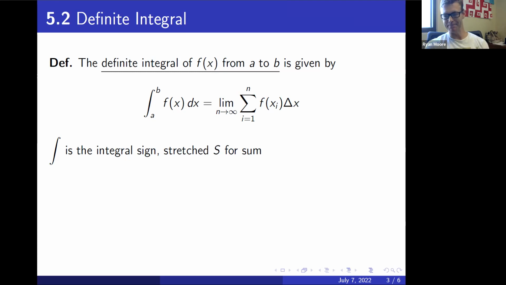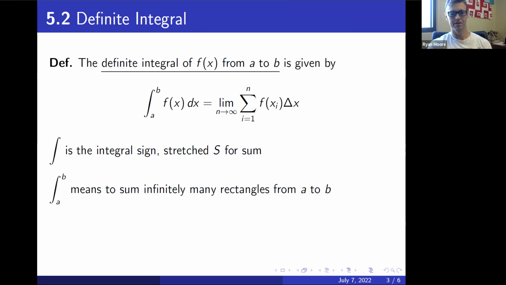What's up with the a and the b? When we write the integral sign with an a at the bottom and a b at the top, it means to sum the infinitely many rectangles starting from a, ending at b. Okay.